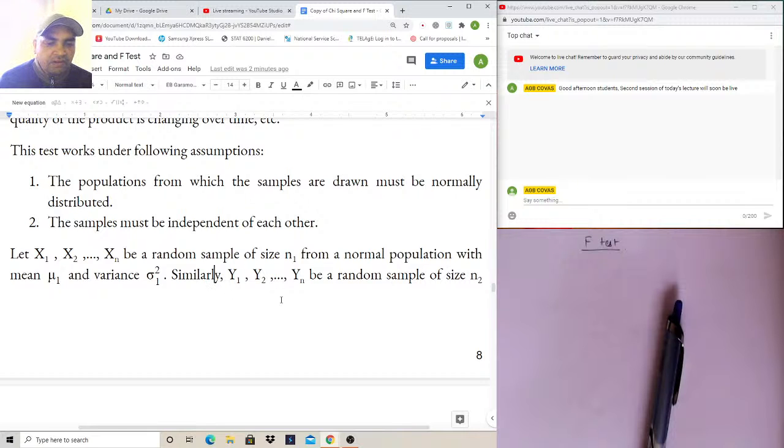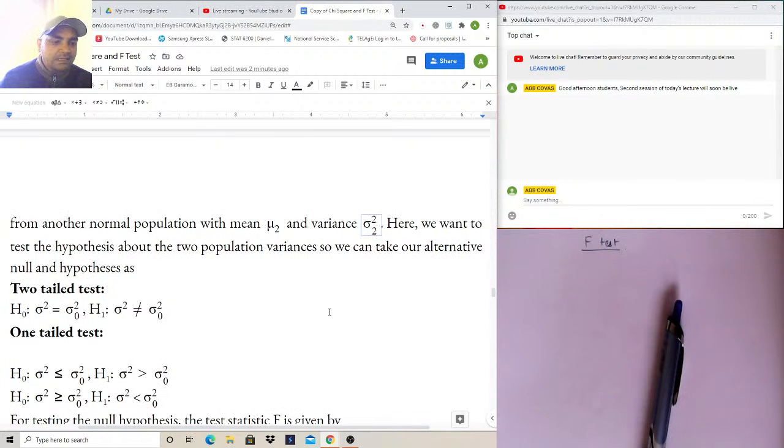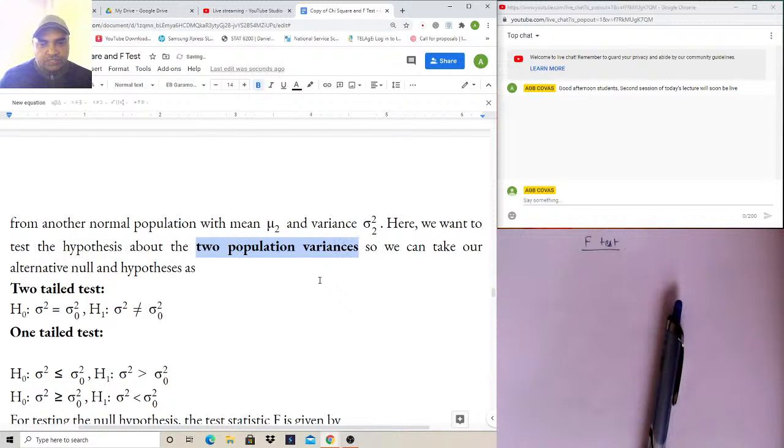Similarly, y1, y2, ..., yn2 be a random sample of size n2 from another population with mean mu2 and variance sigma2 square. Instead of one, we want to test the hypothesis about two population variances.